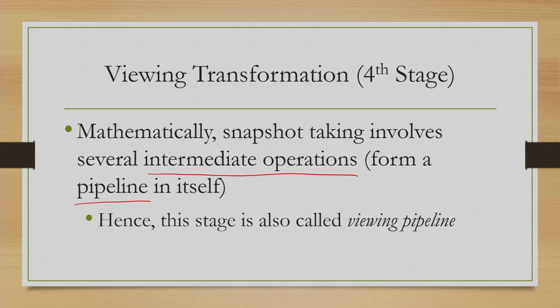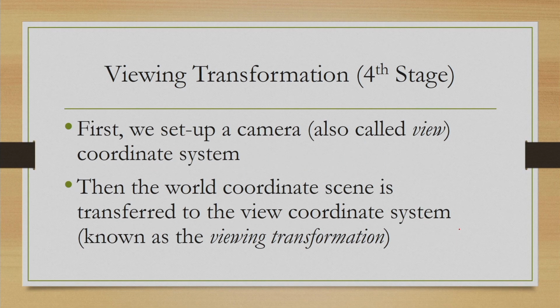Now, this pipeline where we transform a 3D world coordinate scene to a 2D view plane scene is called the viewing pipeline. In this pipeline, we first set up a camera coordinate system, which is also referred to as a view coordinate system.